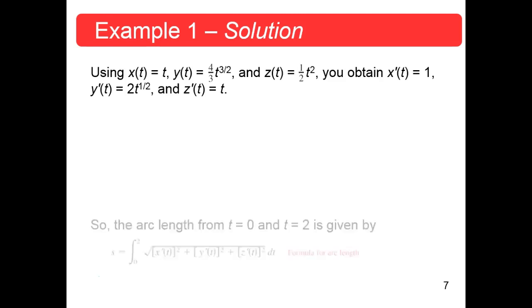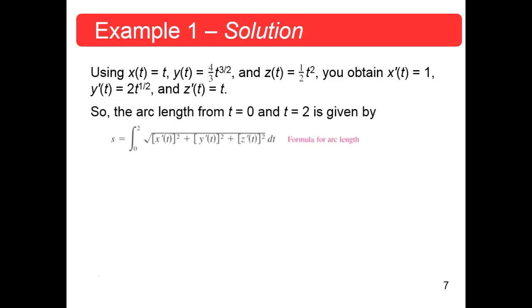Now, the arc length from 0 to 2, which is what the problem asked for, t equals 0 to 2, is given by, and they went through and put these functions in, the square root of x prime squared plus y prime squared plus z prime squared, using the ones they had there. Whereas what I did is just take the magnitude of r prime, which gave you exactly the same thing.